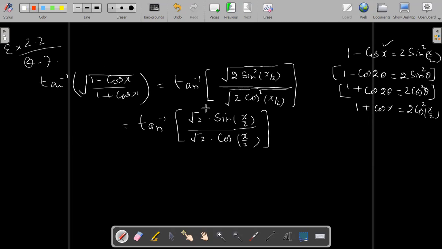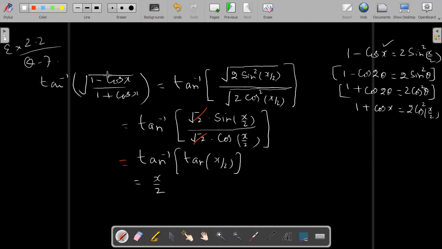This root 2 will cancel, and we get tan inverse of sine upon cos, which is tan x by 2. And tan inverse and tan will cancel, we get x by 2. So it is converted into the simplest form, x by 2.